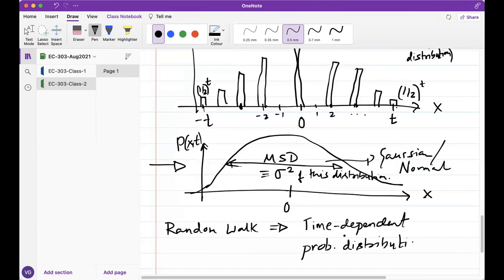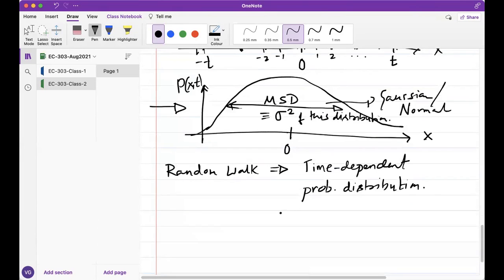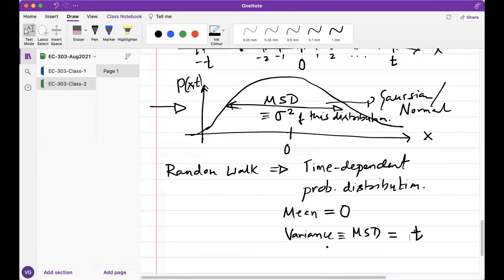And what is the mean of this distribution? The mean of this distribution is 0. Mean represents the mean displacement of the animal. What is the variance of this distribution? The variance is the mean square displacement of the animal, which we have shown is proportional to the time. So it's a time dependent variance.